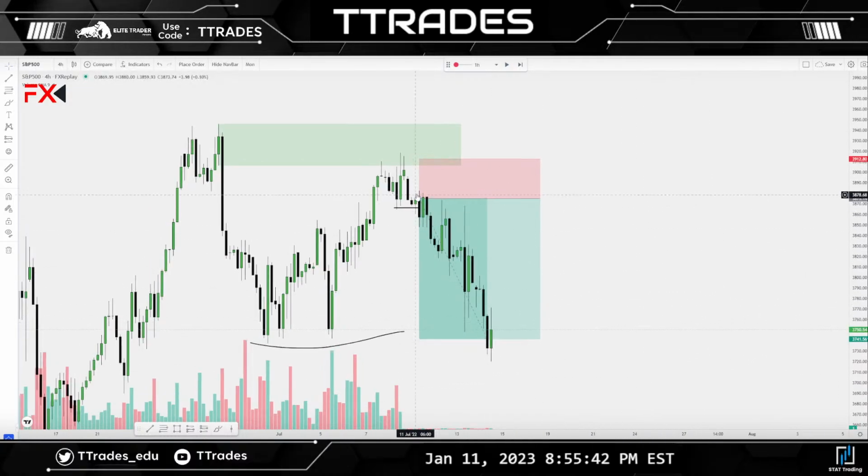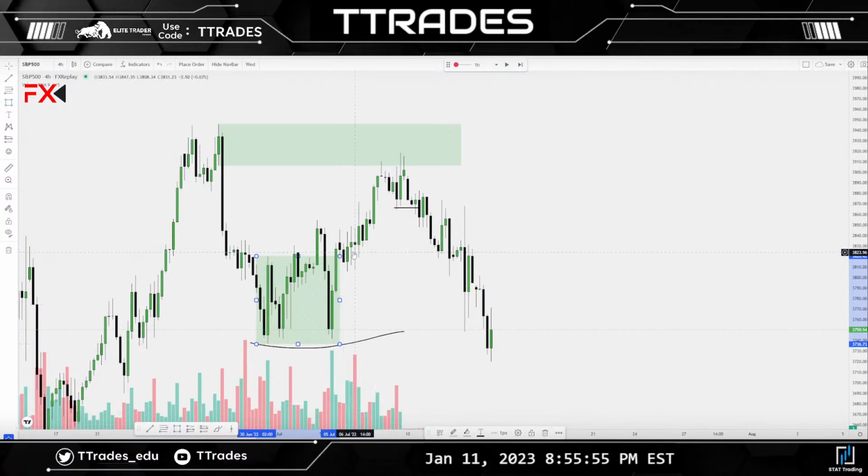Low risk sell. I took the low risk sell, if this is the smart money reversal. So essentially, I'll just draw it out real quick. Consolidation, kind of.